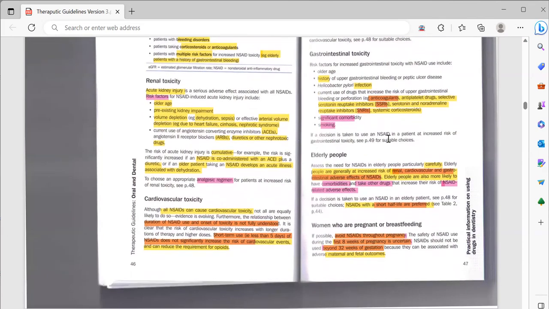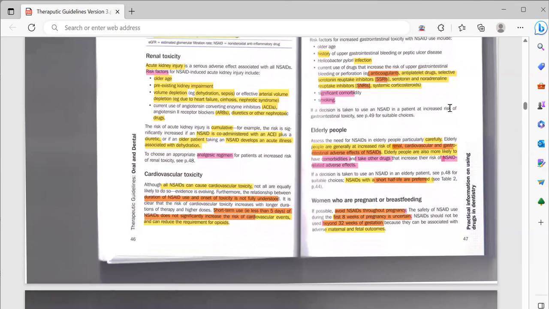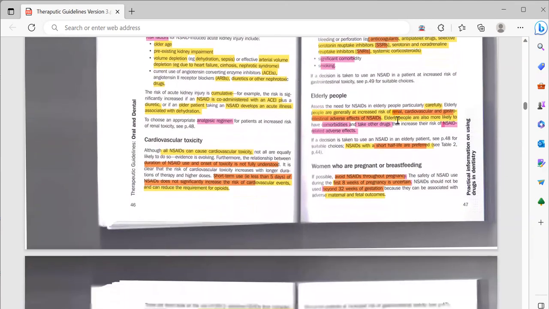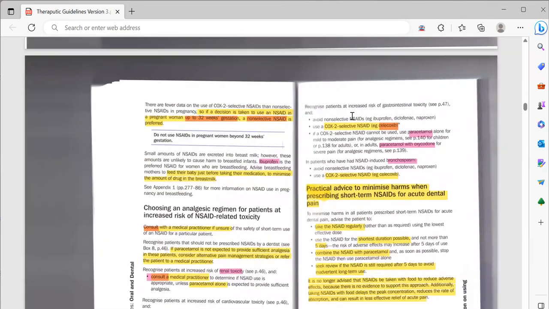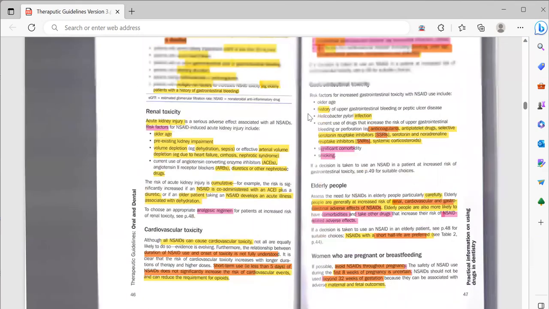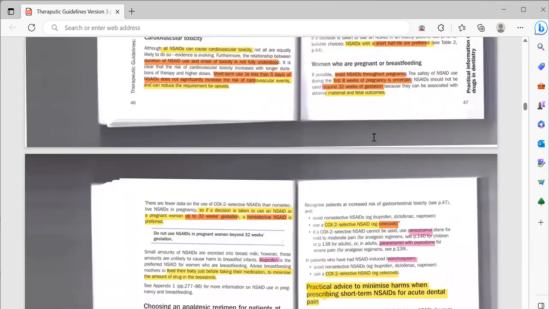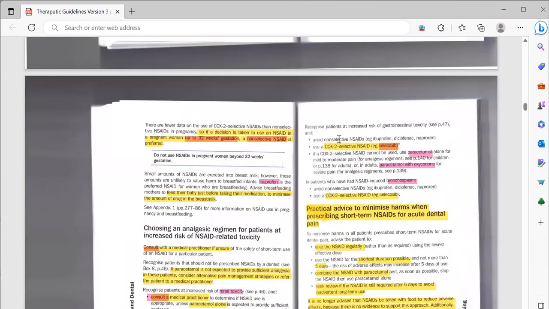If a decision is taken to use NSAID in a patient at increased risk of gastrointestinal toxicity, for a suitable choice we will look here. So if the patient has these risk factors, you took the history and there are these risk factors, what can you do in those patients? Always avoid non-selective NSAID.